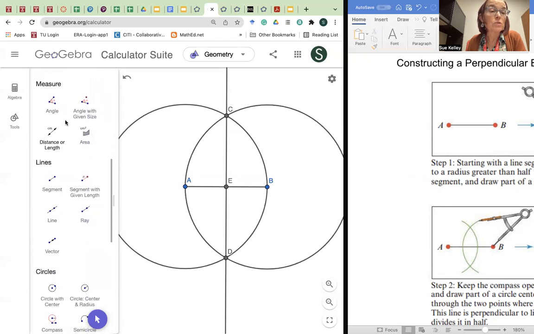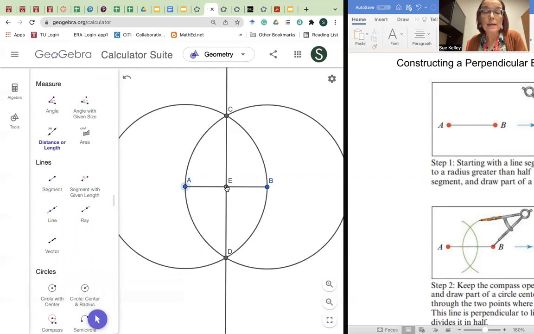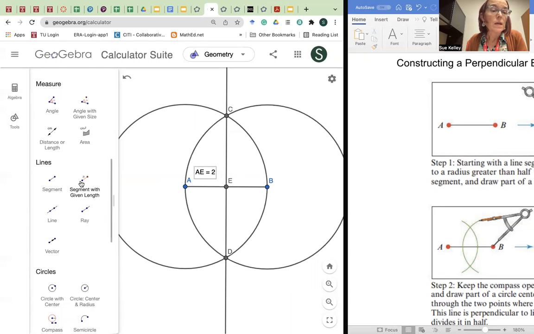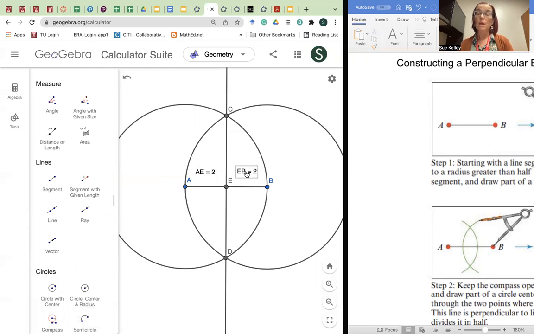I'm going to go down here to my measuring tools and measure the distance between A and E. And here it tells me that it is equal to 2 units. Let me see if I can move this up here. I have to get my arrow tool to move something. And then I'm going to measure my distance between E and B, and voila, it is a distance of 2 units. So I know that I have a bisector.